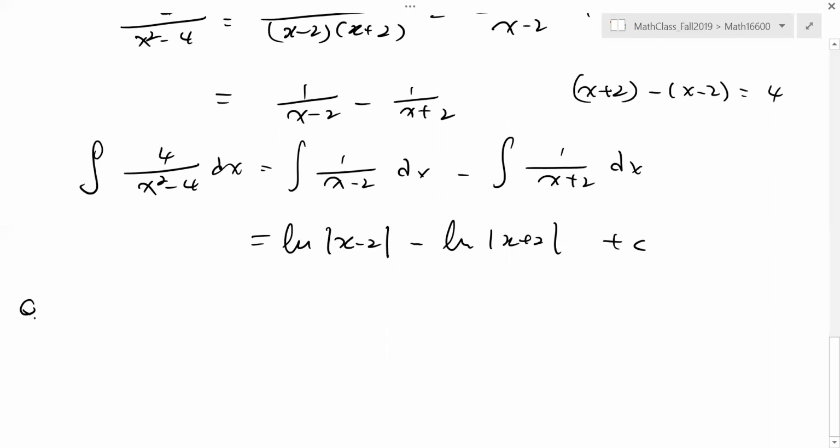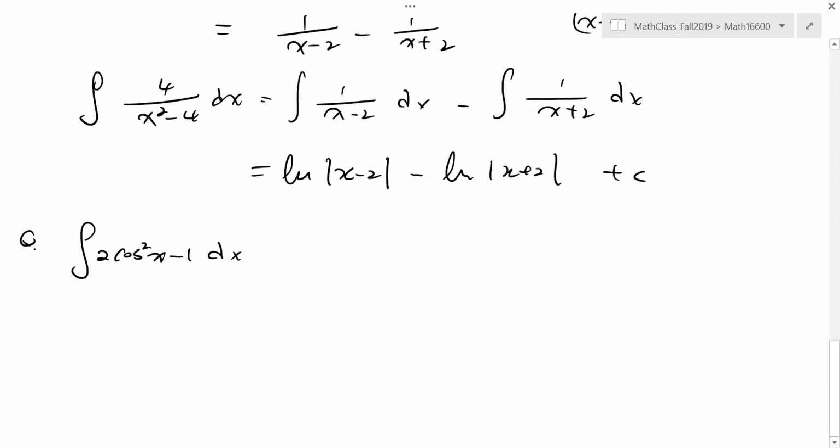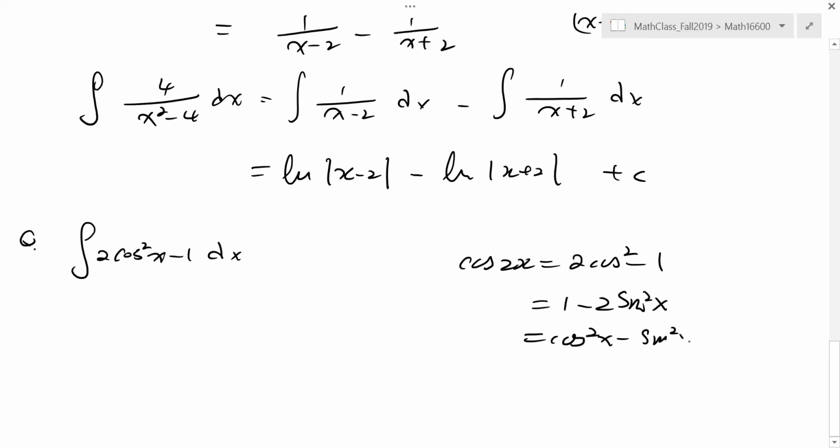All right, so now the integral of 2 cosine squared x minus 1 dx. That's the question: how do you integrate cosine squared x? You have to know the formulas. Cosine 2x equals 2 cosine squared x minus 1, equals 1 minus 2 sine squared x, equals cosine squared x minus sine squared x.